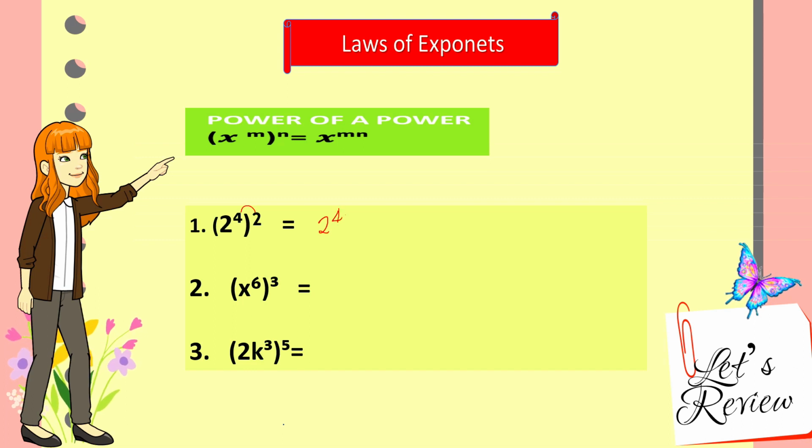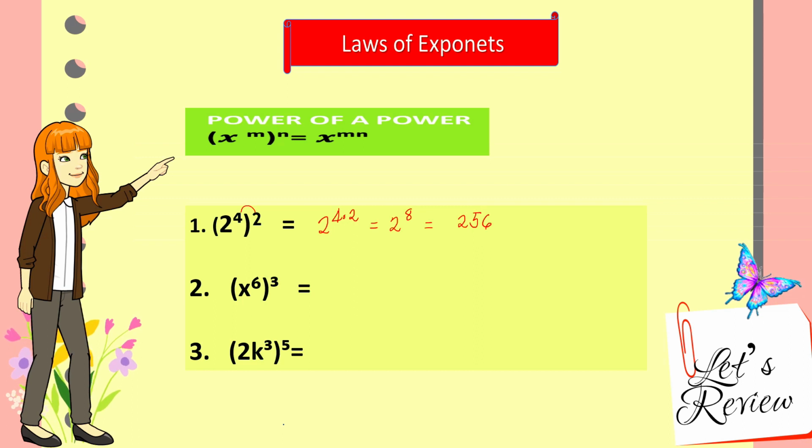So 4 times 2, you will have 2 raised to 8. And what is 2 raised to 8? Which means we will multiply 2 by itself 8 times. So 2 raised to 8 is equal to 256.